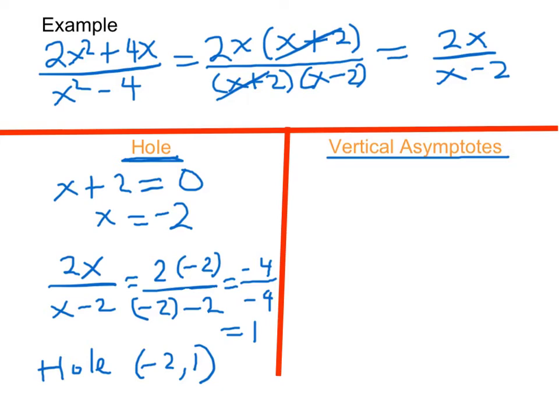Next, we'll look at the vertical asymptotes. We're going to copy down the expression that is left, the simplified version, and look at the expression.